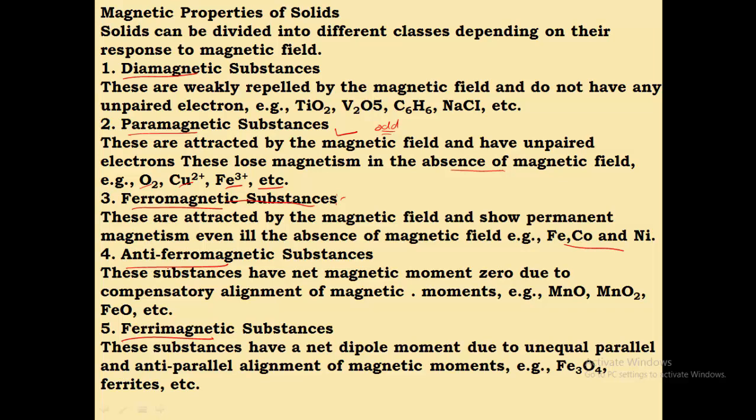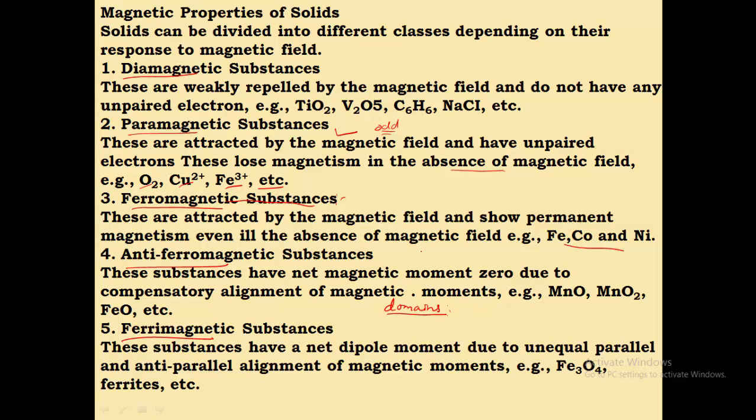Antiferromagnetic substances. These substances have a net magnetic moment of 0 due to compensatory alignment of magnetic moments. So here we will talk about domains. Domains are groups of ions arranged in one direction spontaneously.